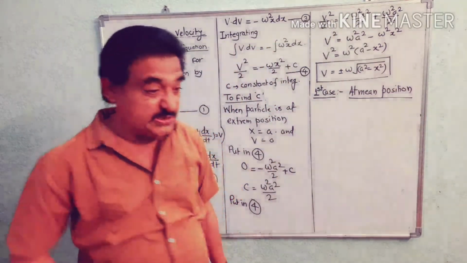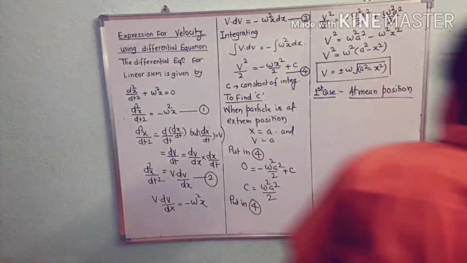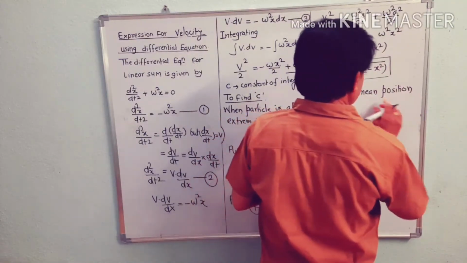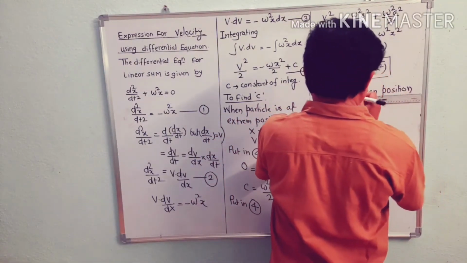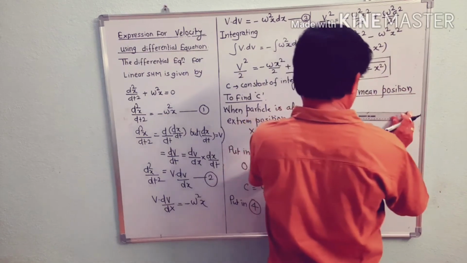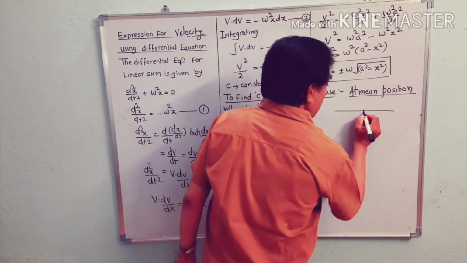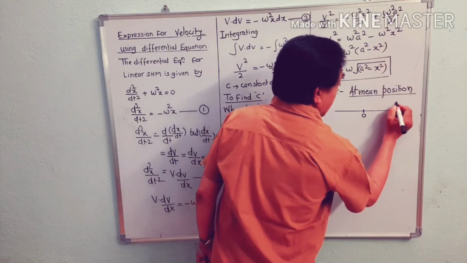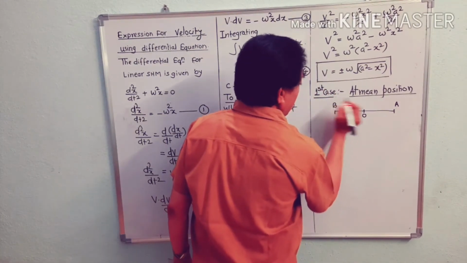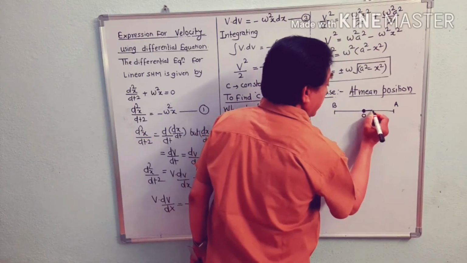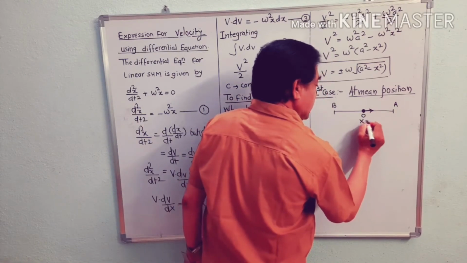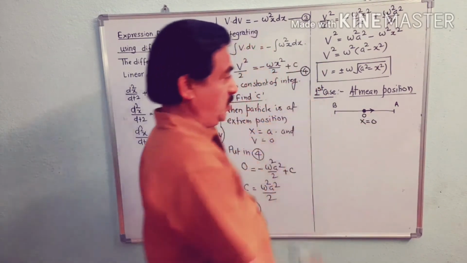Particle जर mean position ला असेल, म्हणजे समजा हा particle is present at mean position, here O, A and B. Particle is here. At mean position x is equal to 0.